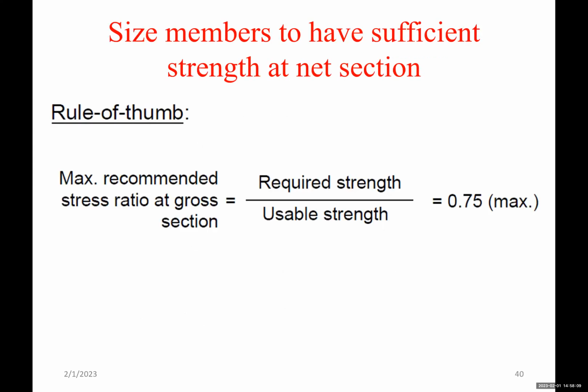Size members to have sufficient strength at net section. In design, we design the beams for shear and for bending. We have not come to the connections yet.